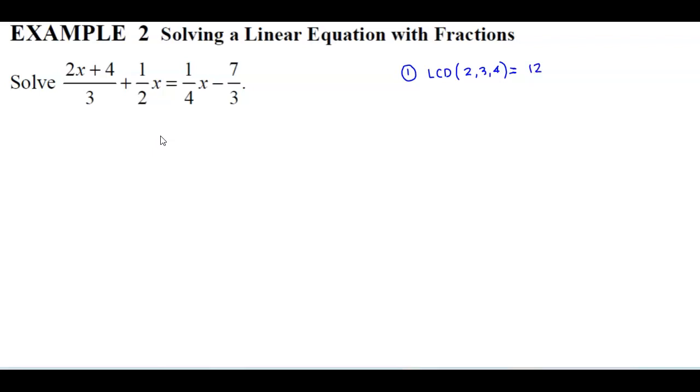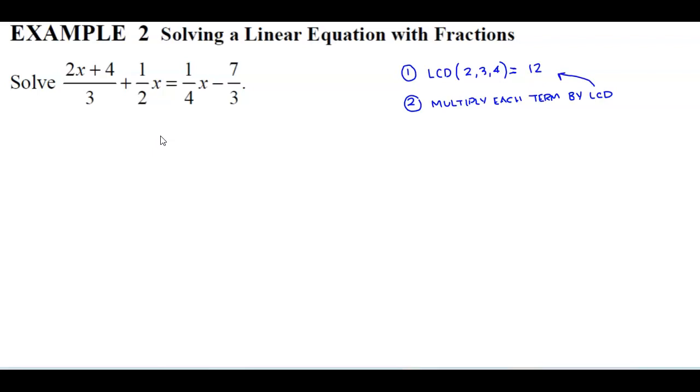Okay, and so now what we want to do is multiply each term by the LCD. In this case, we said it's 12.